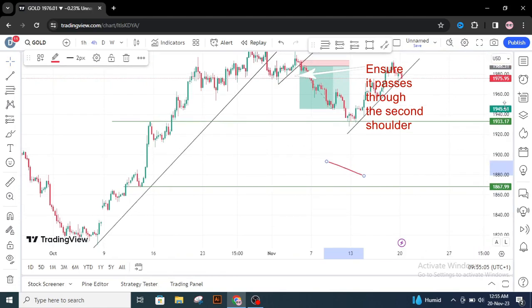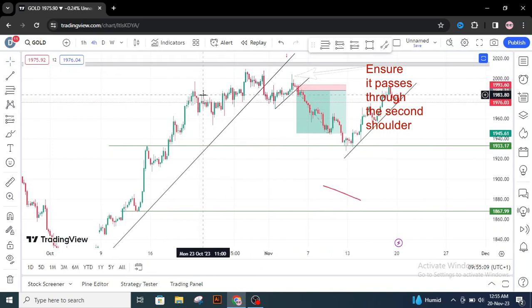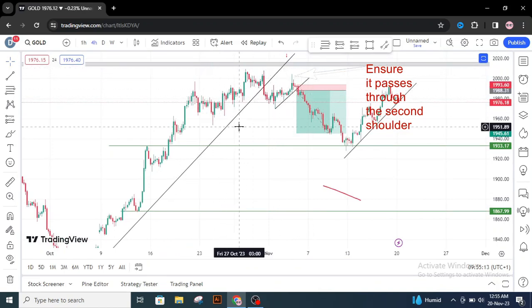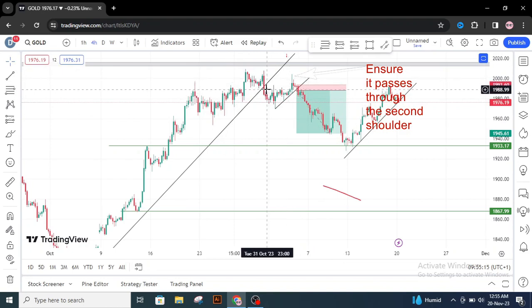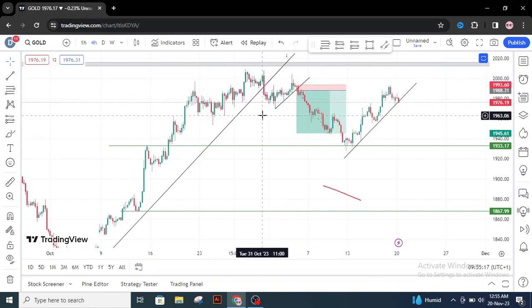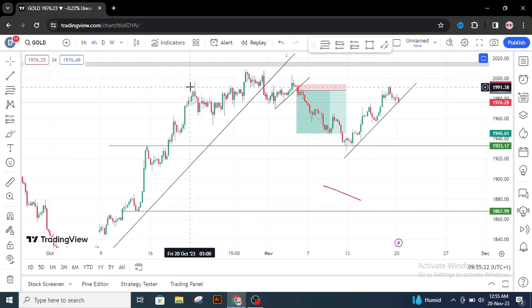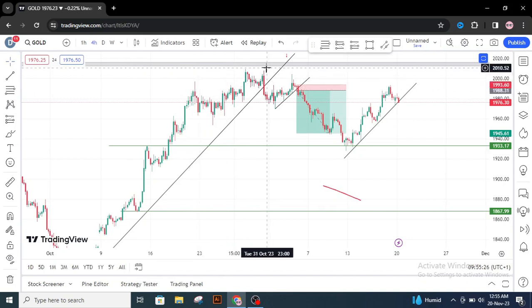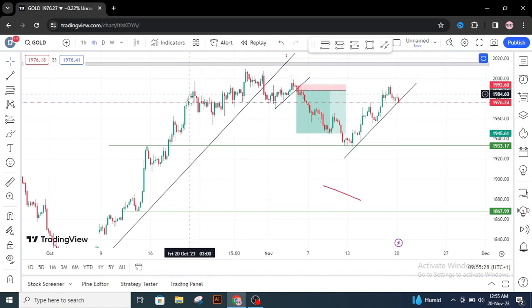Okay, now look at the whole thing in 4 hour. This is beautiful. So you can see the first shoulder, head, shoulder at my resistance level. Had I seen the market take this break here, I would have taken my short. But that is if, like I said earlier, I am able to identify that the market is already exhausted at this point.